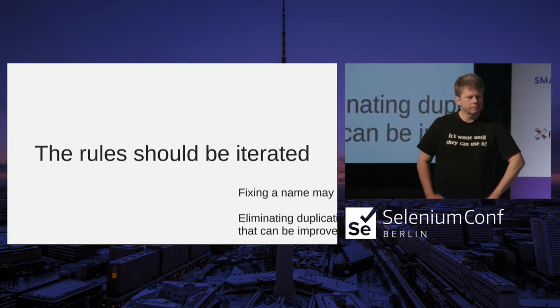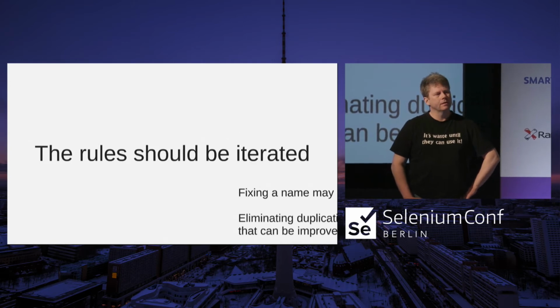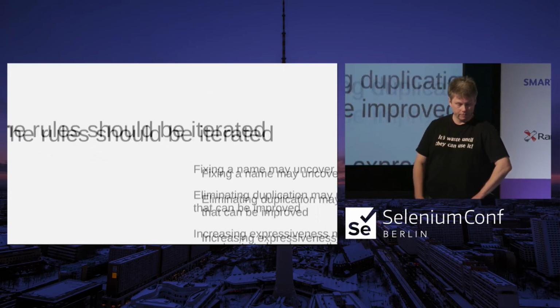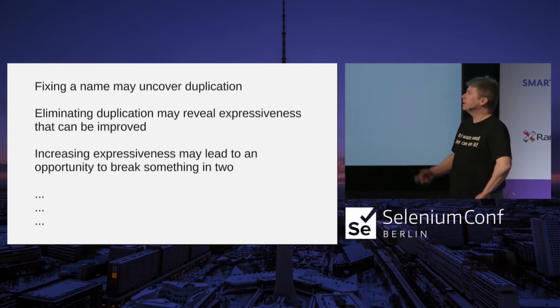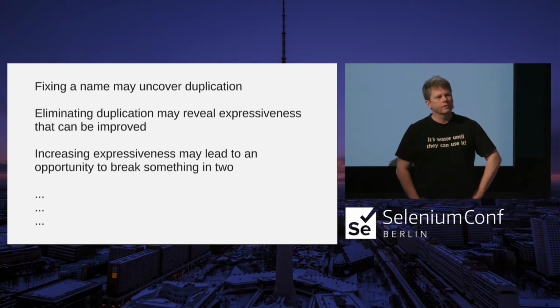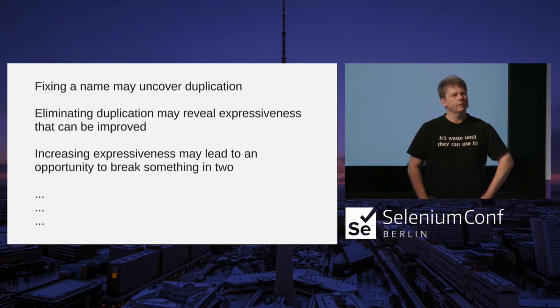These 4 rules should be iterated. There's no way on earth that you can just walk through them once and be happy. Well, it could happen, but I don't think so in most cases. So maybe fixing a name will uncover some duplication. Maybe you want to call two things the same thing. Oh, that's a candidate for duplication.